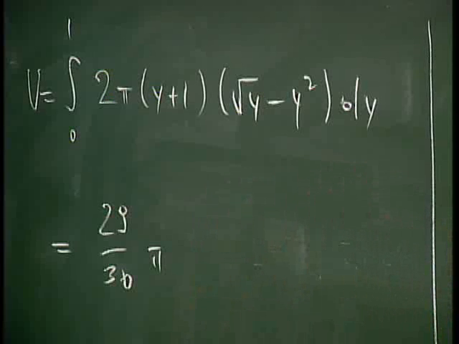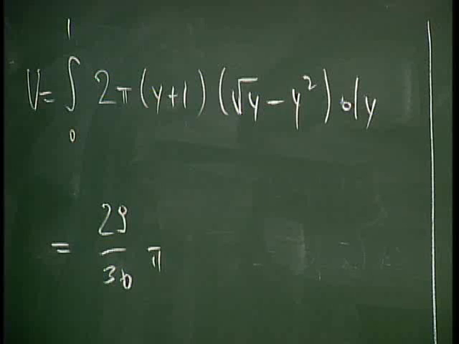Okay, but if you compare here which method is quicker, either shells or cross sections, you will see it's about the same. Almost the same, because it's also very easy here to solve this problem by using cross sections.